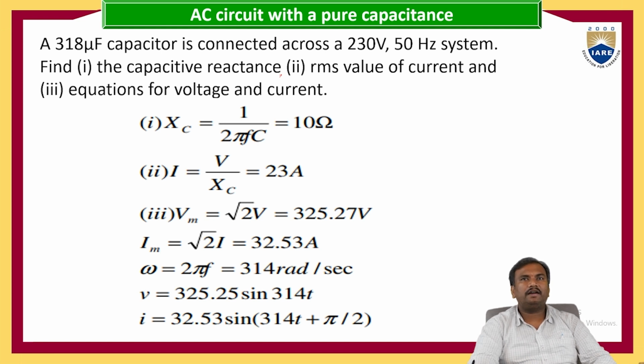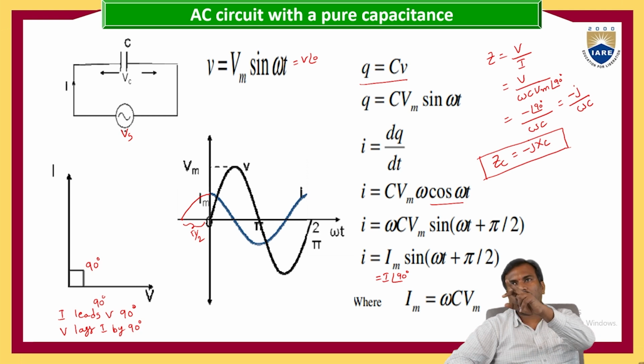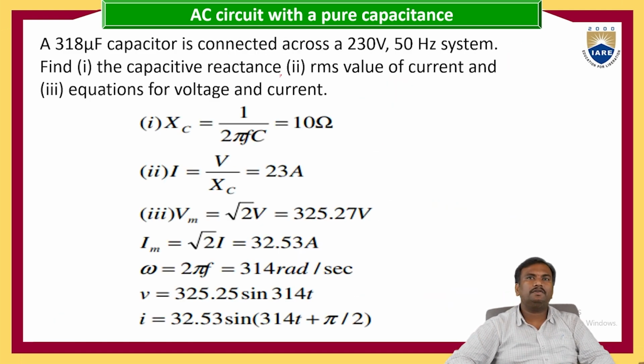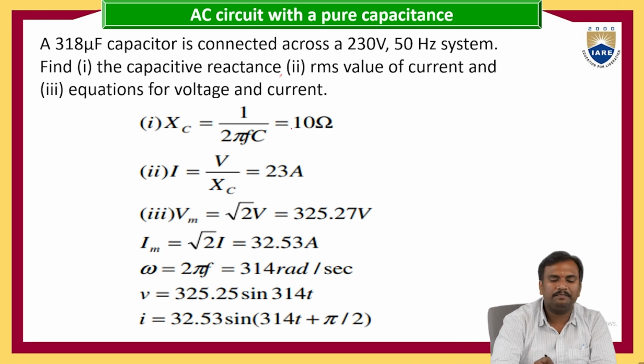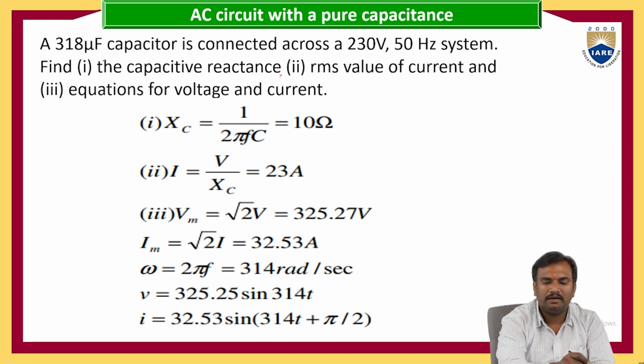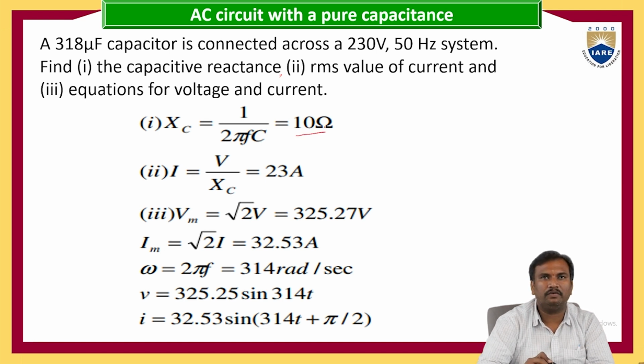Capacitive reactance Xc is 1 by omega C, that is Xc equals 1 by 2 pi f C. If we substitute the frequency and capacitance value, we get 10 ohms.